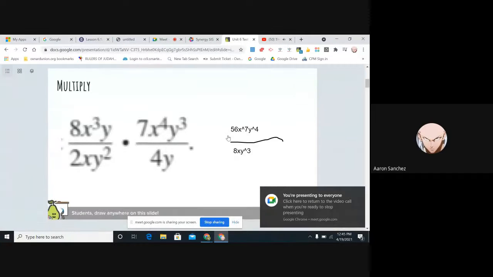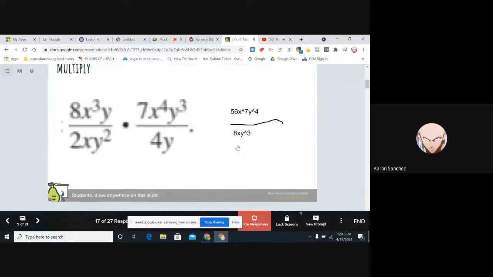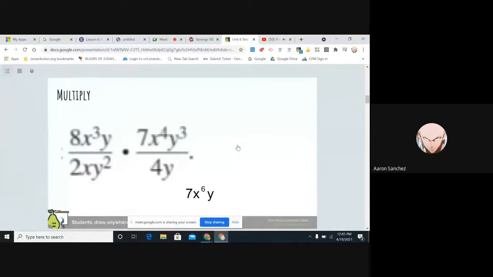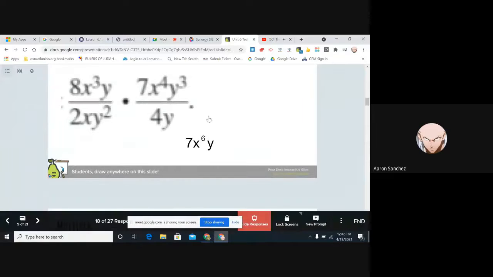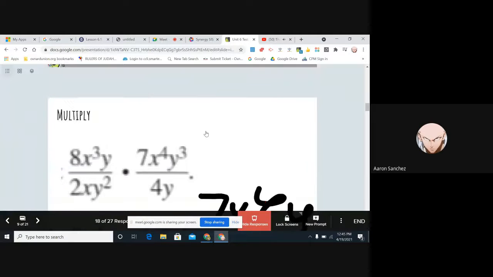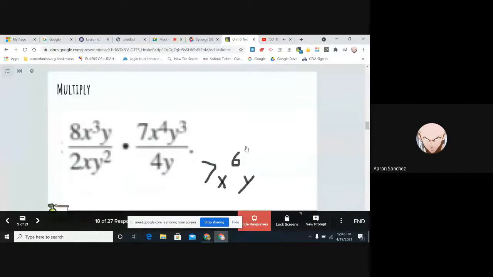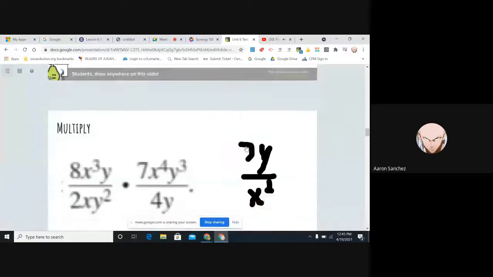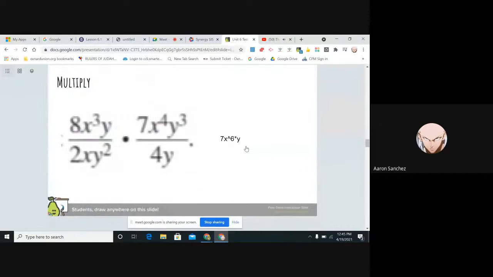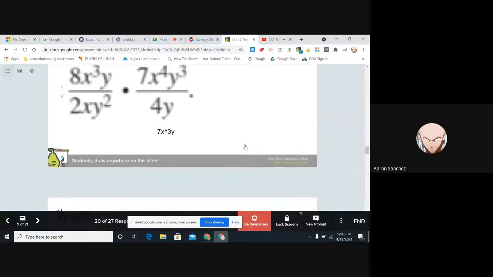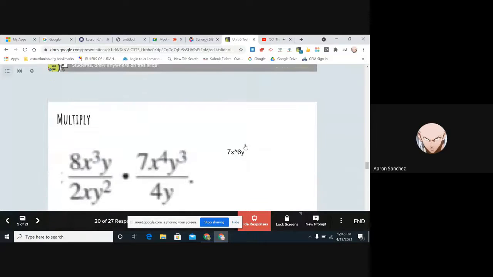Not quite. 56. Now these can be reduced. Make sure you can reduce them. I don't see the correct answer yet. Oh, there we go. There you go. This is the correct answer: 7x6y.